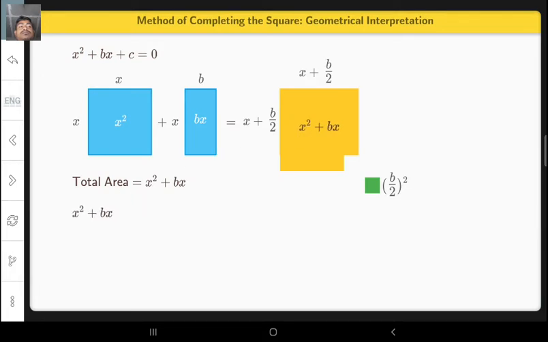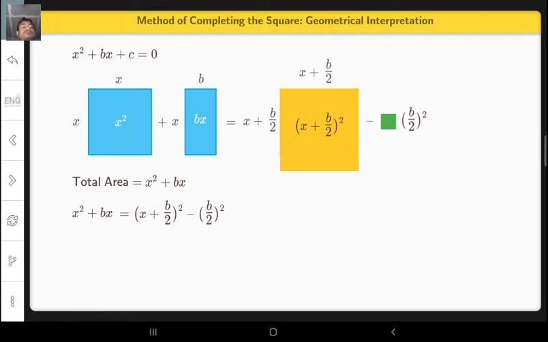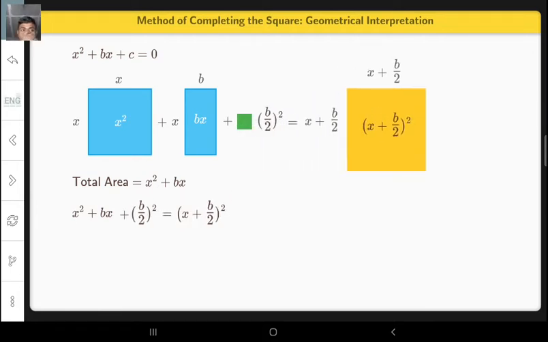So, x squared plus bx is equal to (x plus b by 2) whole squared minus (b by 2) whole squared, or x squared plus bx plus (b by 2) whole squared is equal to (x plus b by 2) whole squared. So, we see that adding (b by 2) whole squared to x squared plus bx gives a perfect square, (x plus b by 2) whole squared.